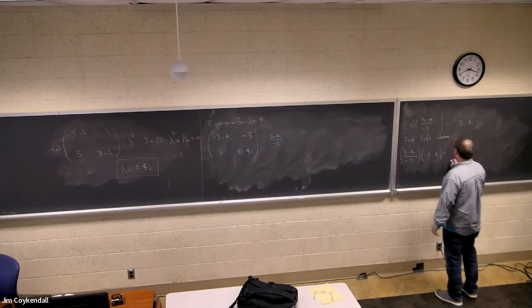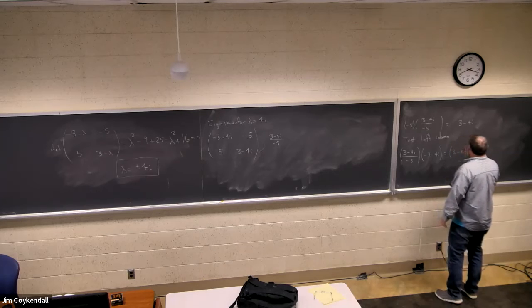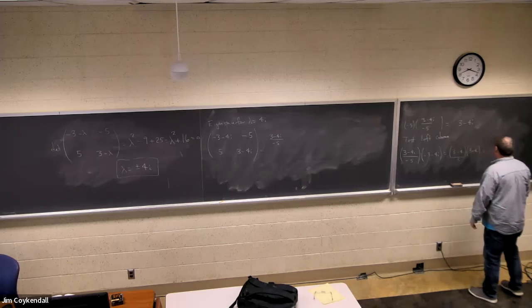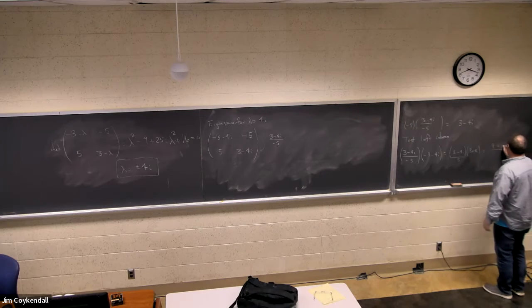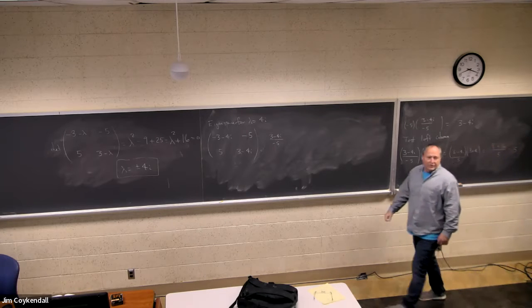The minus signs cancel, which makes this a little easier. 3 minus 4i times 3 plus 4i over 5. If I multiply this out, this is going to be 9, the middle terms vanish, plus 16 over 5, which is 5. Exactly.